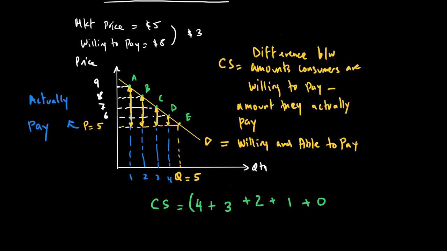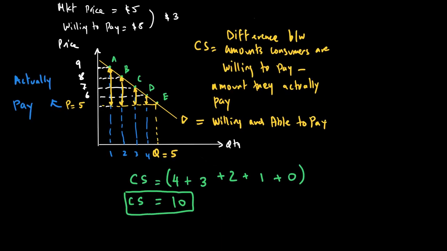If I add all this, the difference between what I'm willing to pay and actually pay, my consumer surplus will be 4 plus 3 plus 2 plus 1, which means 10. So consumer surplus is the difference between what I'm willing to pay versus what I actually pay.